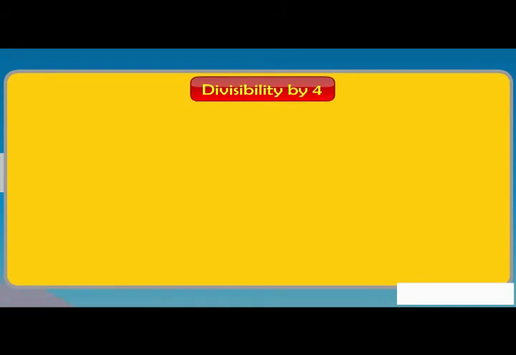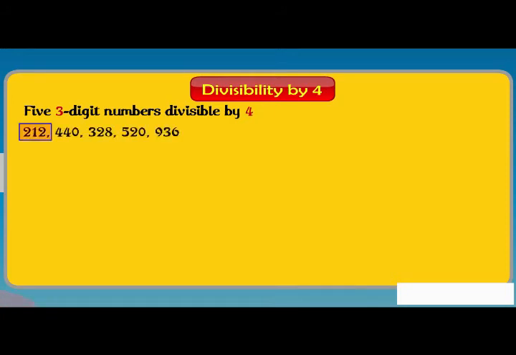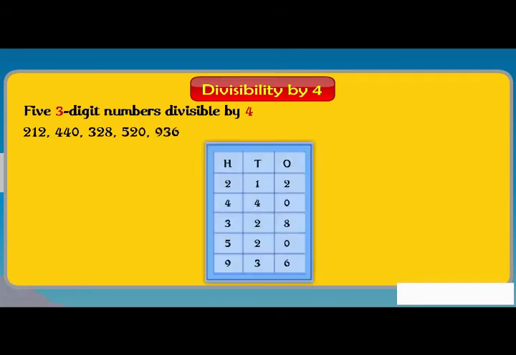Divisibility by 4. For divisibility by 4, we take 5 three-digit numbers divisible by 4. Let us take 212, 440, 328, 520, 936. Observe the number formed by the ones and tens places of 212.